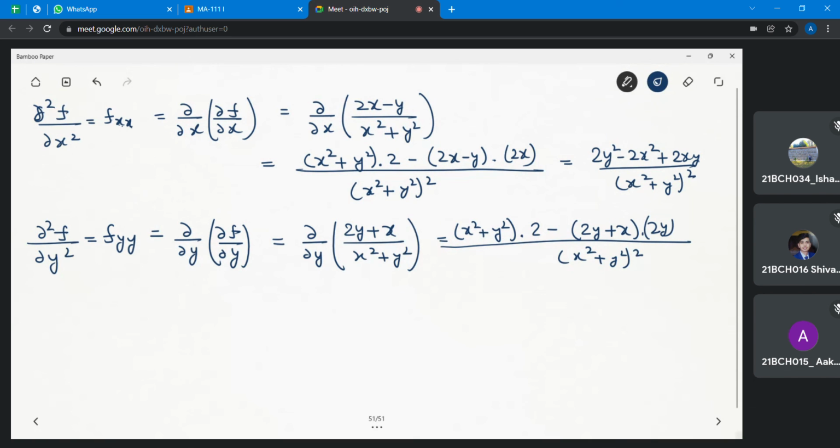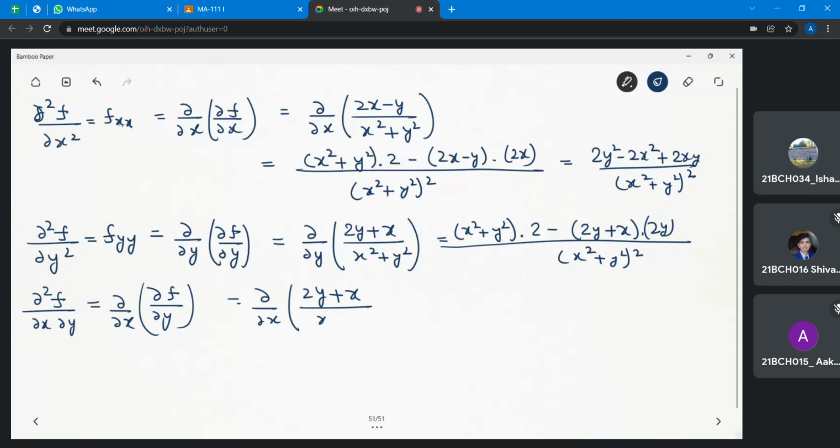Now similarly, if you talk about all the second order partial derivatives, this is also a second order partial derivative. What does it mean? You are taking the derivative of this function again with respect to x. So del over del x of (2y plus x) upon x square plus y square.